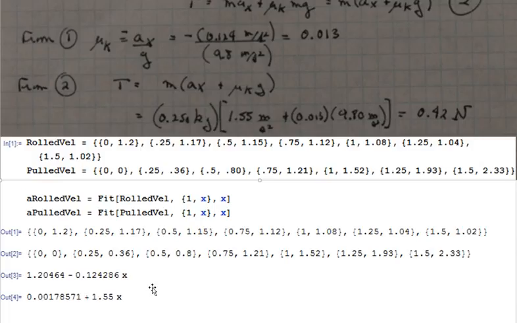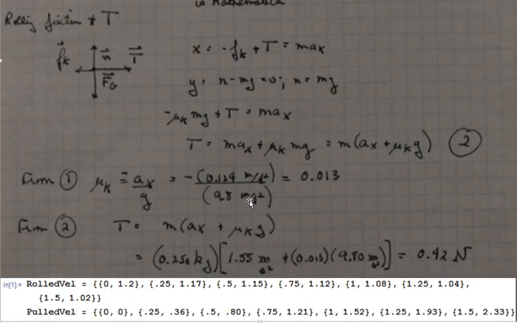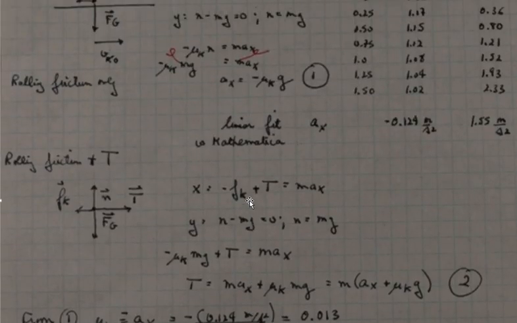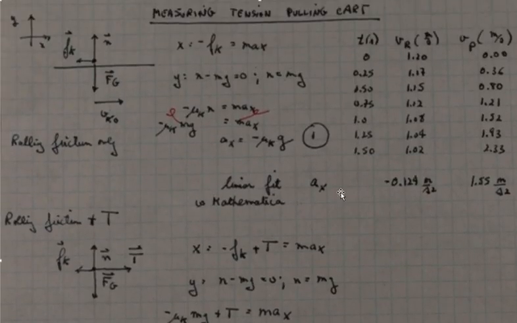The second data set is modeled pretty well with this, and again, the constant multiplying x is the slope, and that's therefore the acceleration, 1.55. So the short story is, from this data with some help from Mathematica, I got the best fit accelerations for both of these.